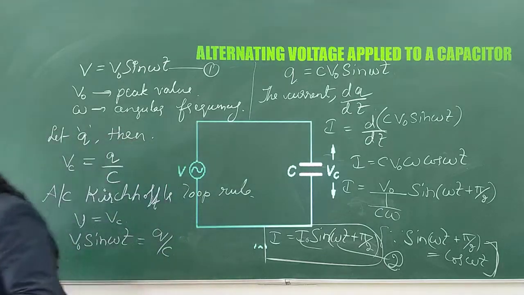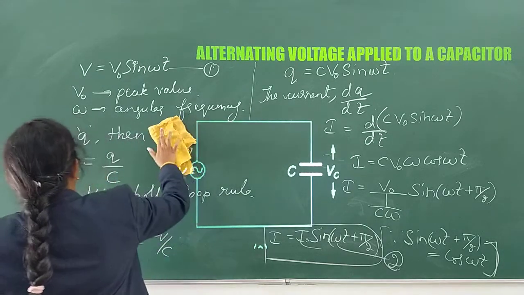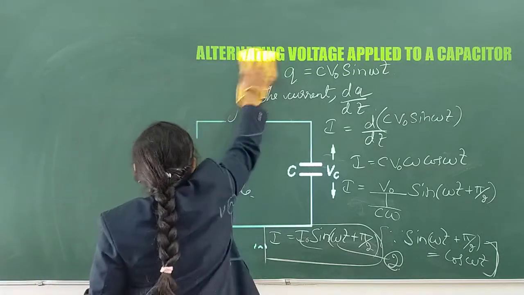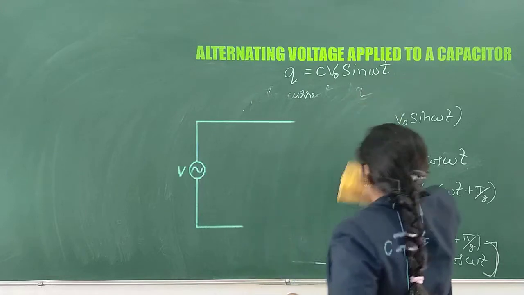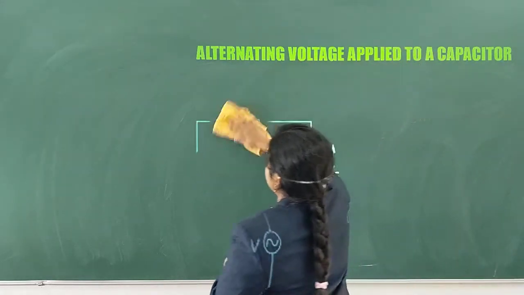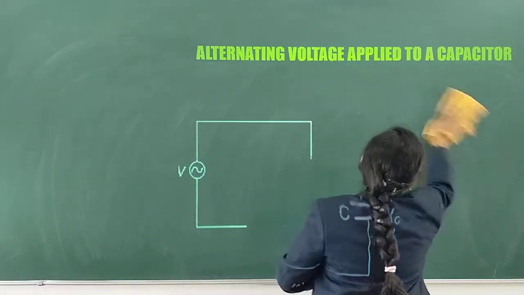Now let us have the graph of current versus voltage. With this you can clearly see the phase angle between them.